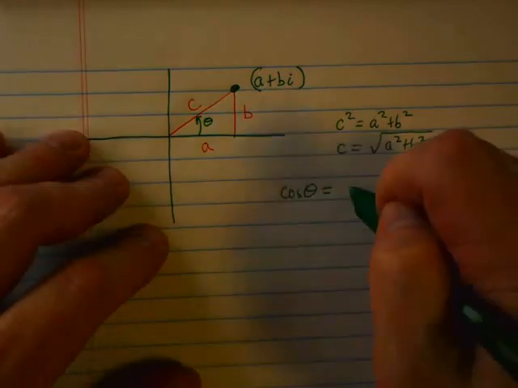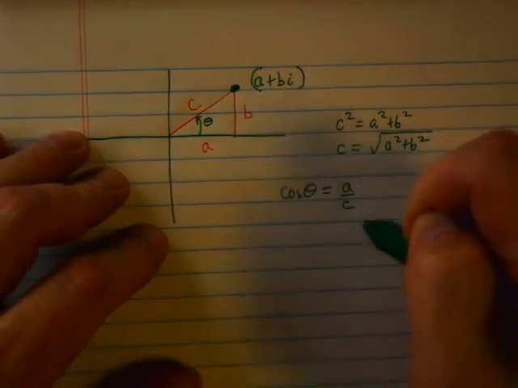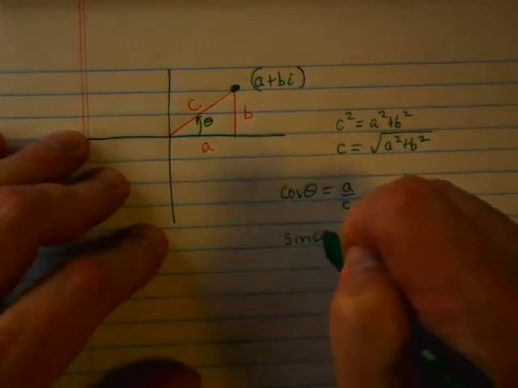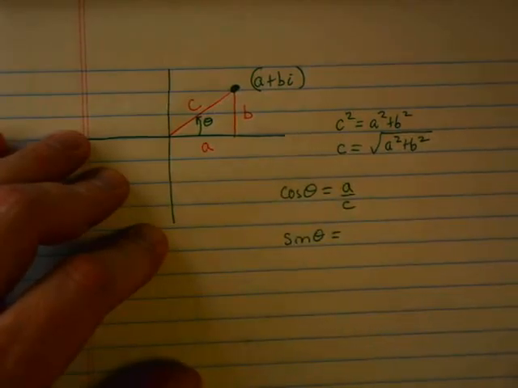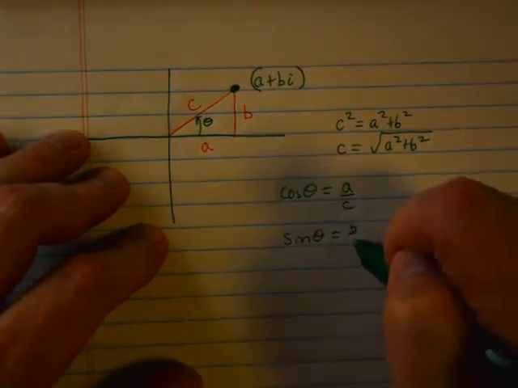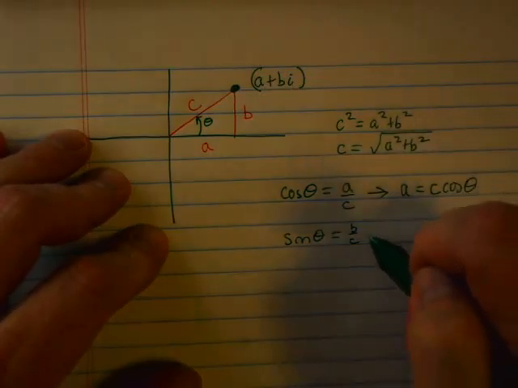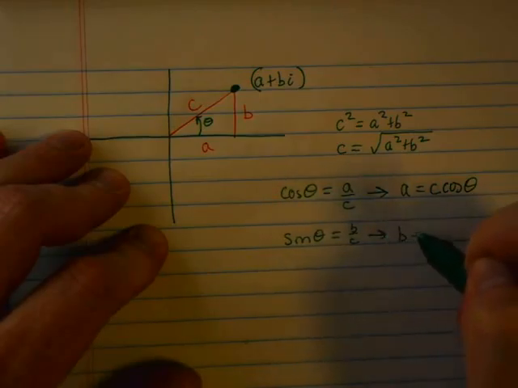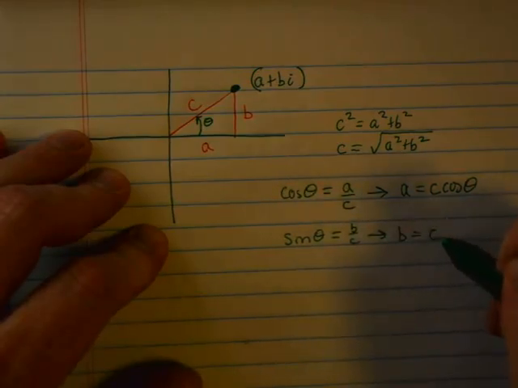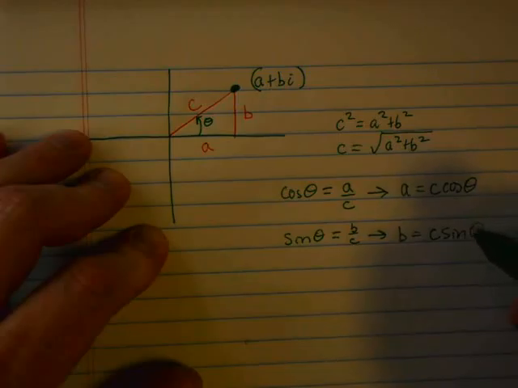A over c. And what's the sine of theta? B over c. Or I could say a is c cosine theta, and this one I could write as b equals c sine theta.